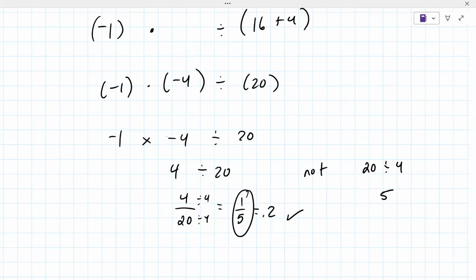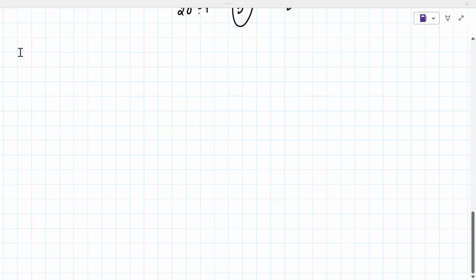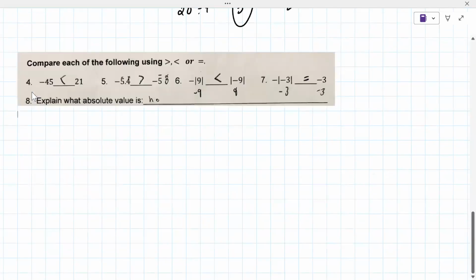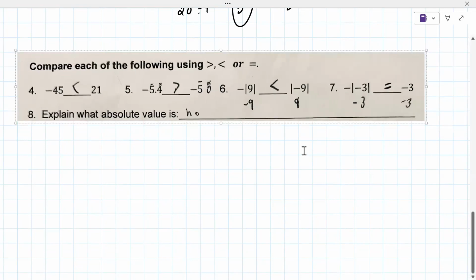All right. So the next thing here is these 4 comparisons. Just take a look at what you got. Okay, this is correct. First one is correct. This one's -5.4.